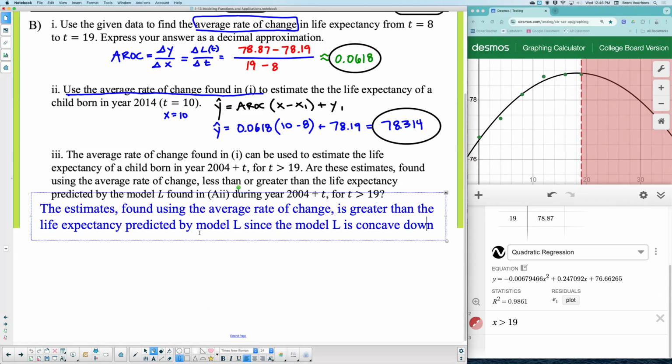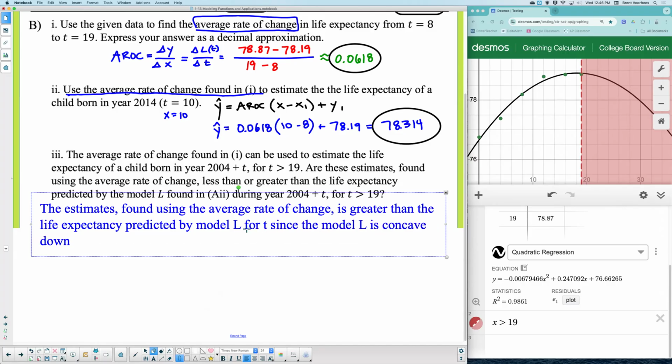By model L, I didn't put the when or for, whoops, sorry. Or t greater than 19. Here's the sense. Since this model is concave down, the average rate of change would be increasing or decreasing.